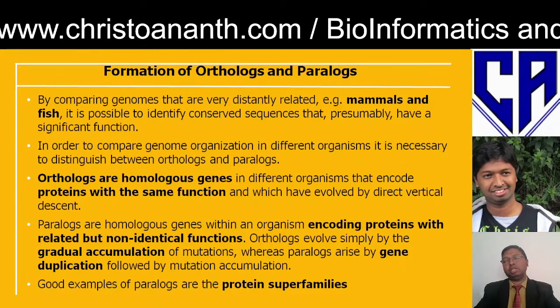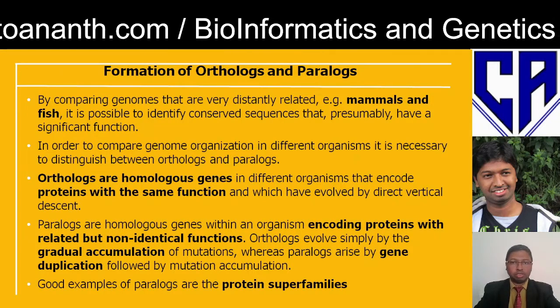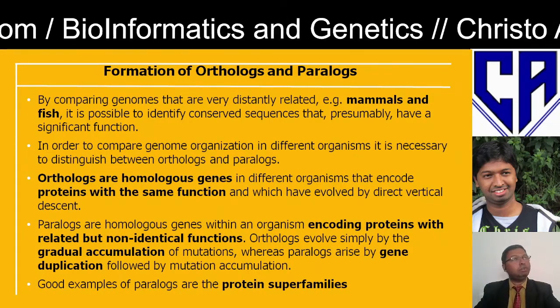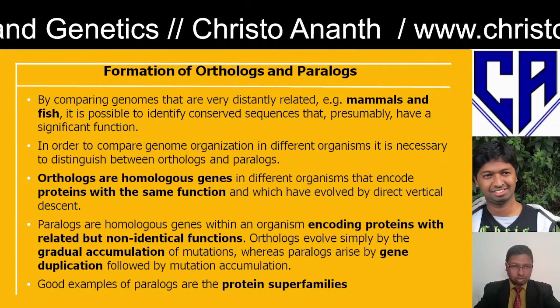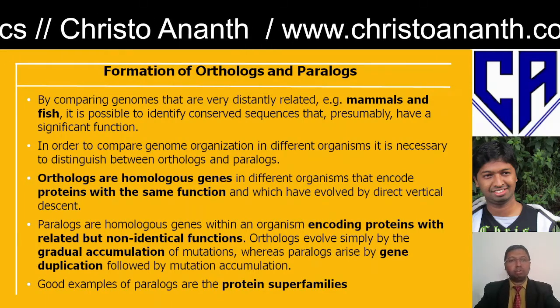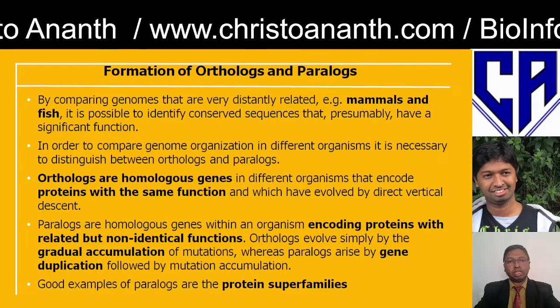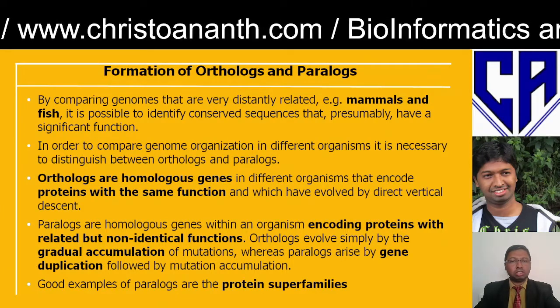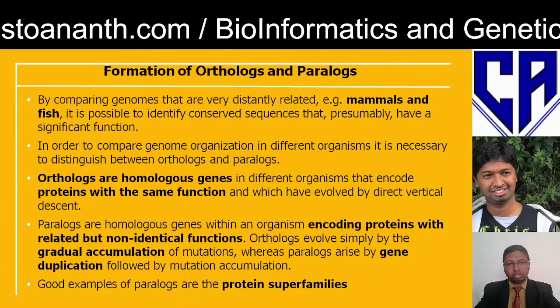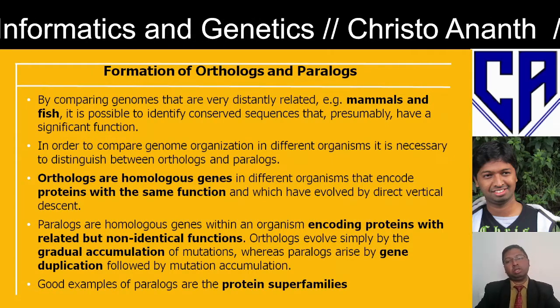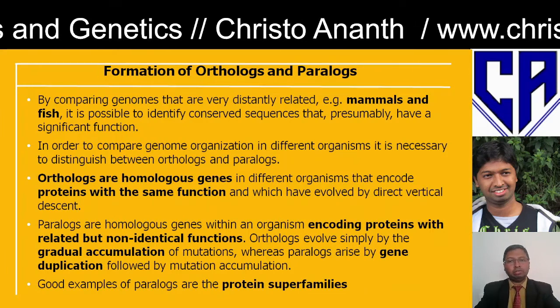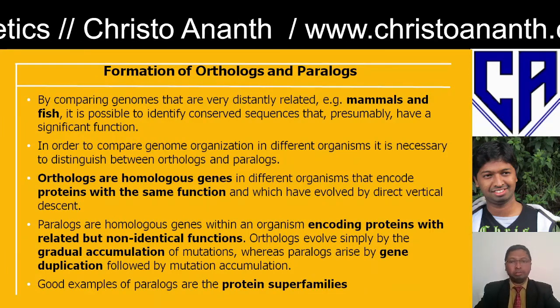For example, if you compare mammals or fish, you will have to identify conserved sequences. Everything has a specific or significant function associated. Here we have homologous genes which are orthologs. They encode proteins with the same function, which is evaluated by direct vertical descent.